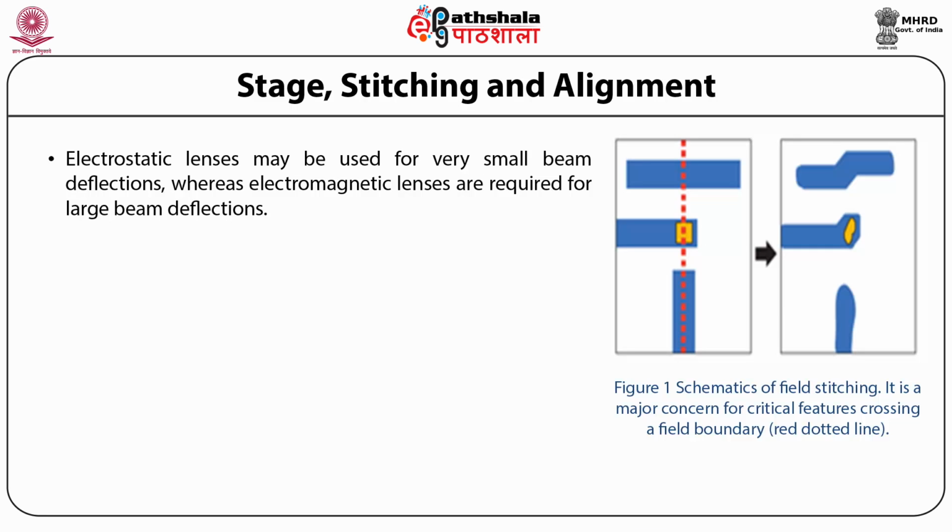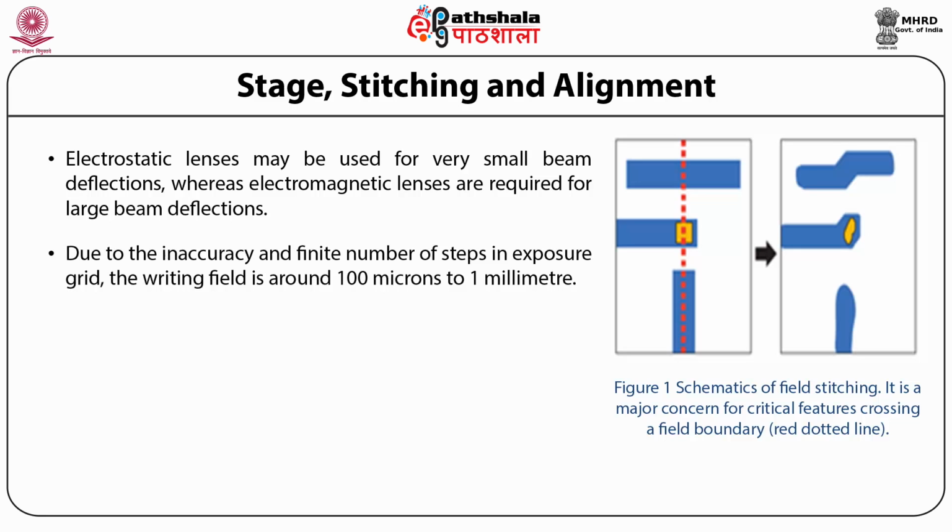Electrostatic lenses may be used for very small beam deflections, whereas electromagnetic lenses are required for large beam deflections. Due to the inaccuracy and finite number of steps in the exposure grid, the writing field is around 100 microns to 1 millimeter.